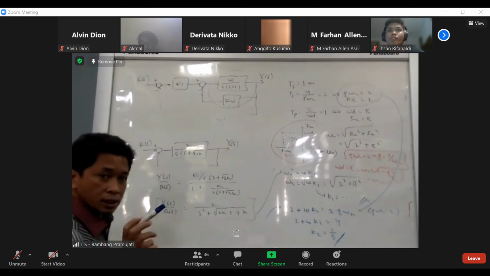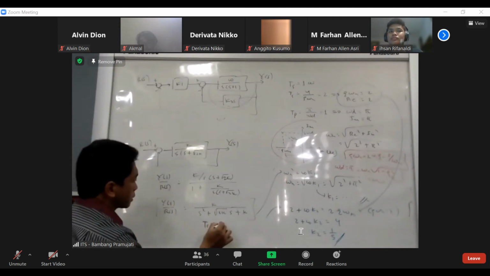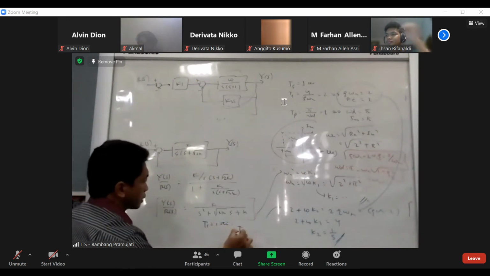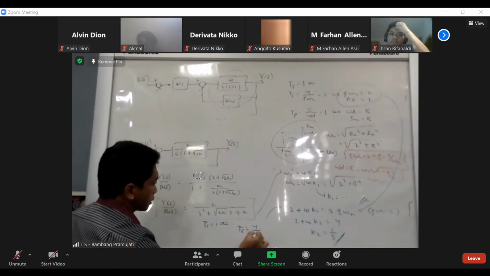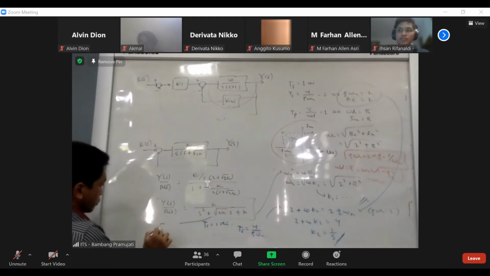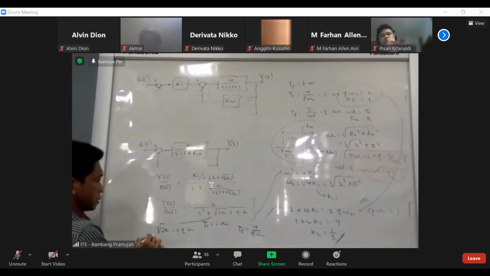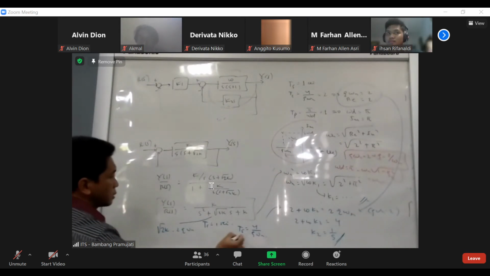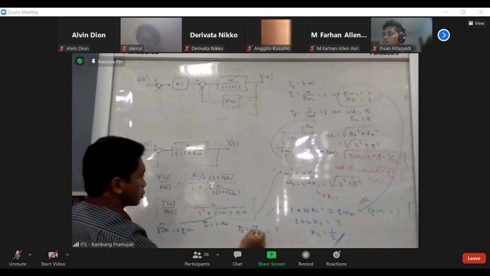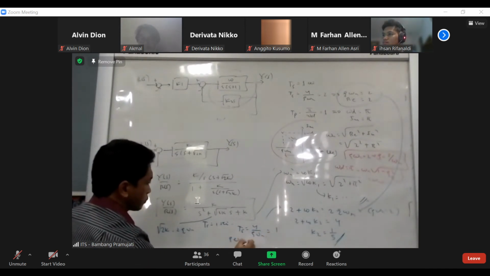Because for part B, there is a settling time of 1 second. Settling time Ts is 4 over zeta omega n. So the only information that you can have is this: square root of 2K is 2 zeta omega n. And if this is 1 second, you know that your zeta omega n equal to 4.